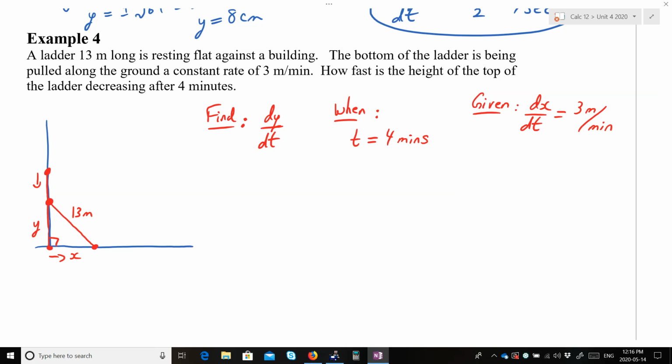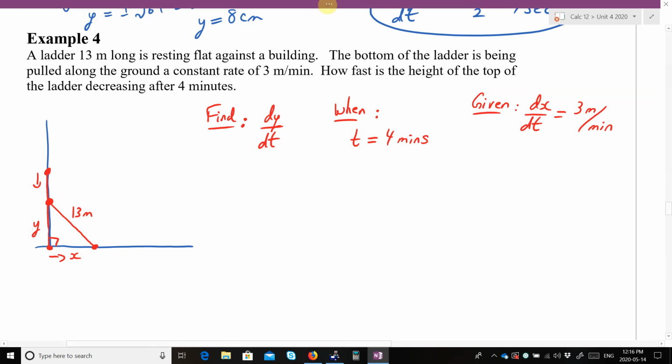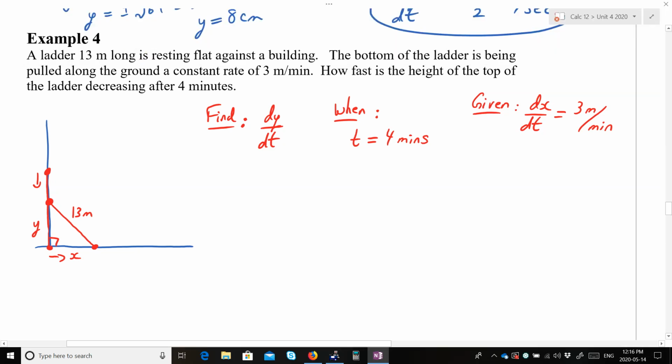Okay, and so the height of the top of the ladder is decreasing, so we should get a negative dy dt for this. Okay, so we have to relate x and y in a 90-degree triangle, so x squared plus y squared equals 13 squared. Differentiate both sides with respect to time.